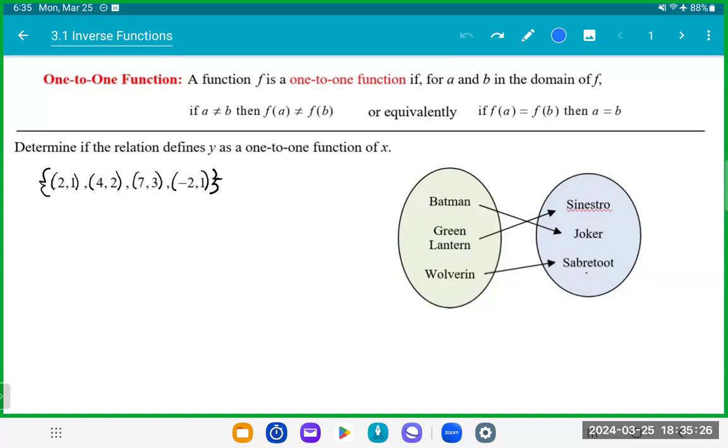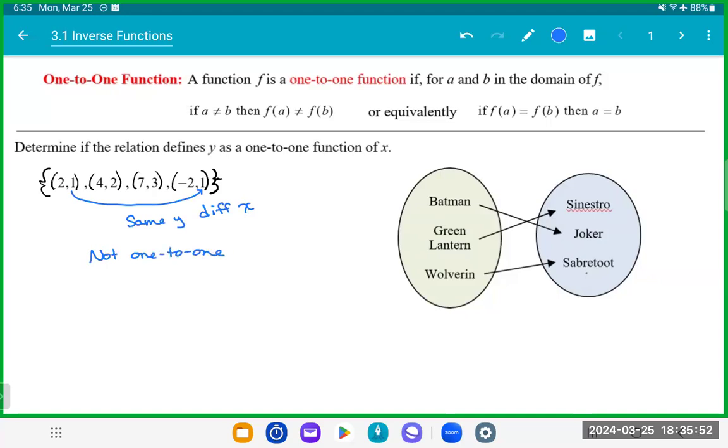When we look at this, we have no repeat x's, but we do have this repeat y right here, right? So we have the same y with a different x. Therefore, this is not one-to-one.